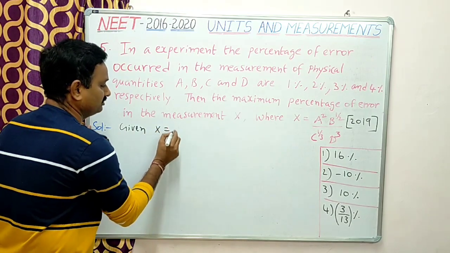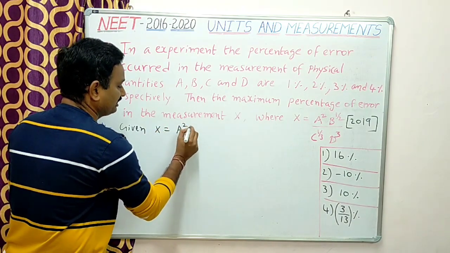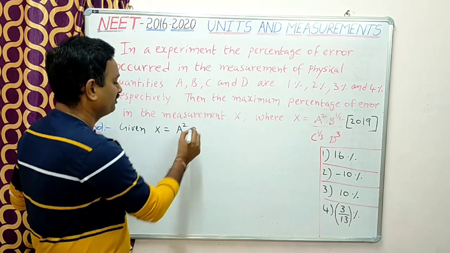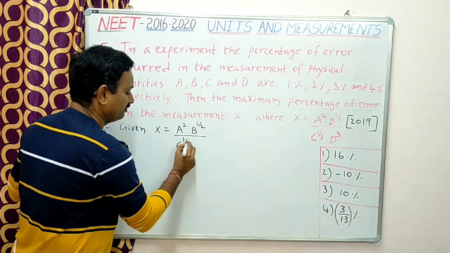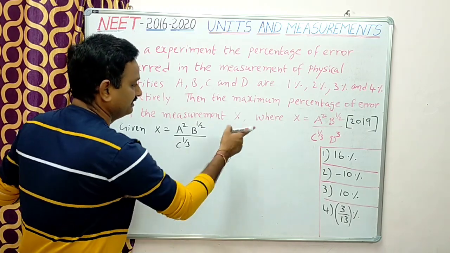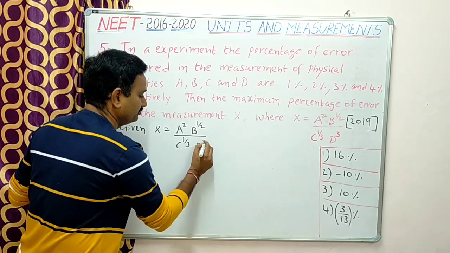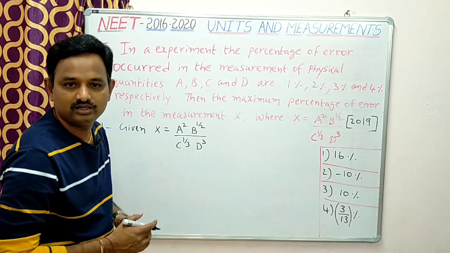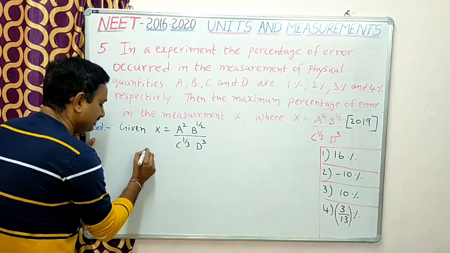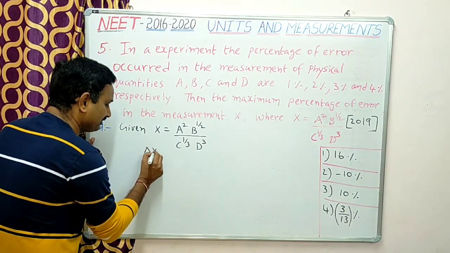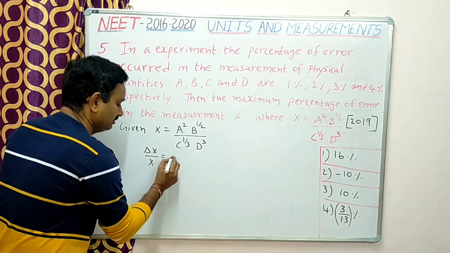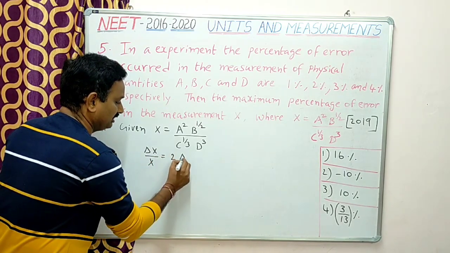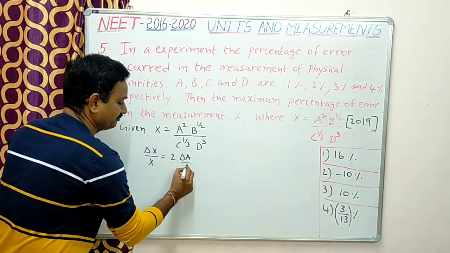Given X is equal to A square B power 1 by 2 by C power 1 by 3 D cube. Okay. Now relative error, that is delta X by X is equal to 2 into delta A by A, since A square.